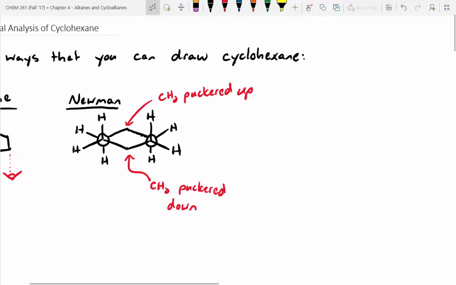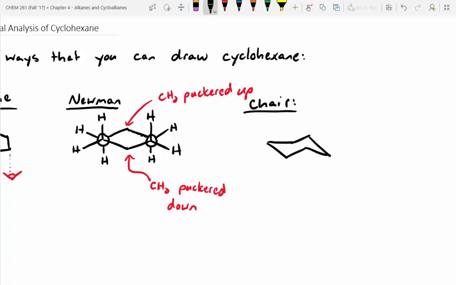And then there's one last one called the chair conformation. And the chair conformation isn't a top-down view. It's not a side-on view. It's actually kind of looking at it from an angle. And so the way people typically draw this looks like this. And I'm going to draw in all of the hydrogens.